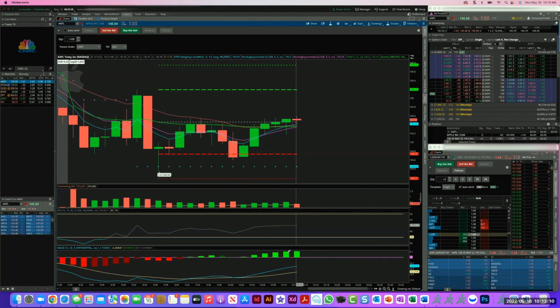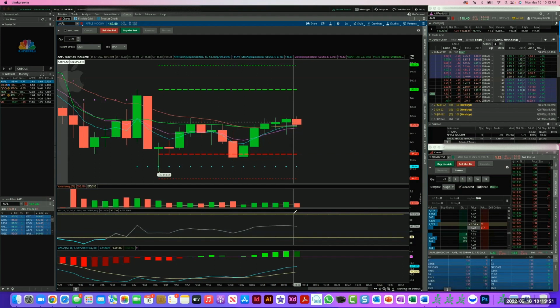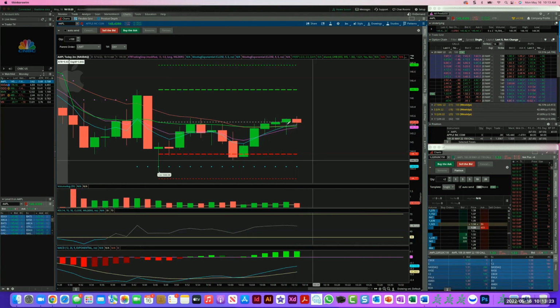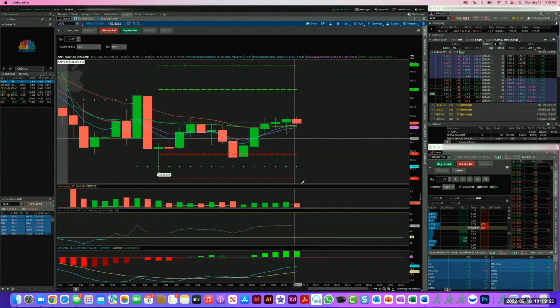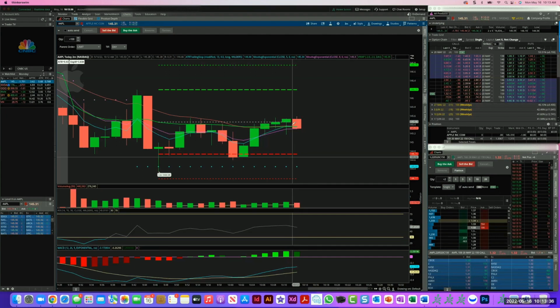I like the green here on the MACD. So we would look to be a bit concerned if we get an oversold signal on Apple. That would be a concern. And at that point, we would then start to look for the MACD to, again, flatten out. If it still seems to be pointing up, then that would keep us in the trade. But if it seems to be flattening out and turning, then we would look to exit.